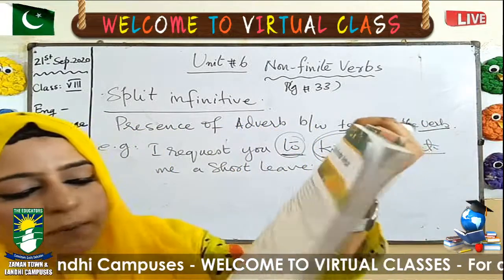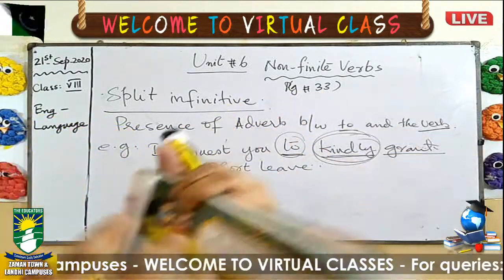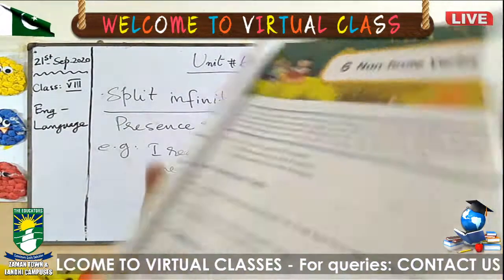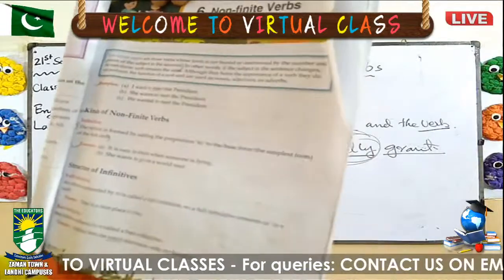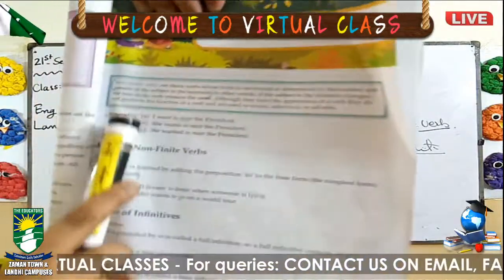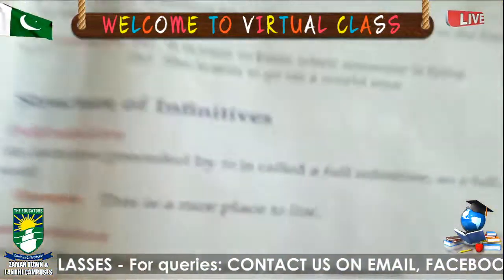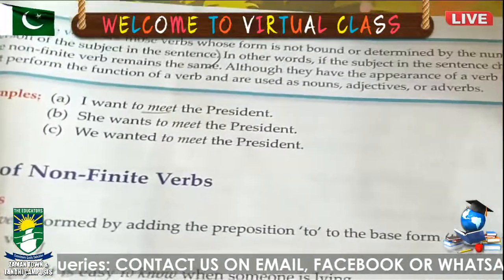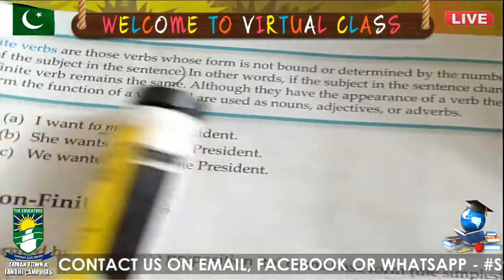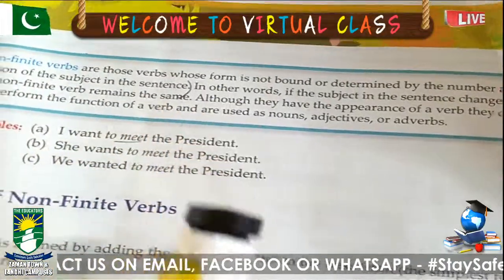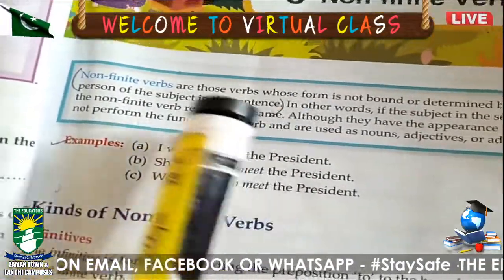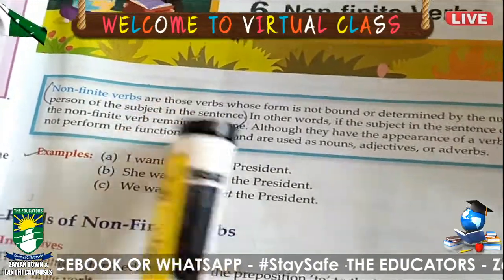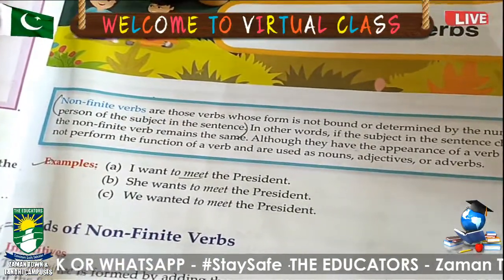See page number 33. You have to write this definition, 2 lines of non-finite verb, from the beginning till the second line in the sentence. These 2 lines you will write as the definition.